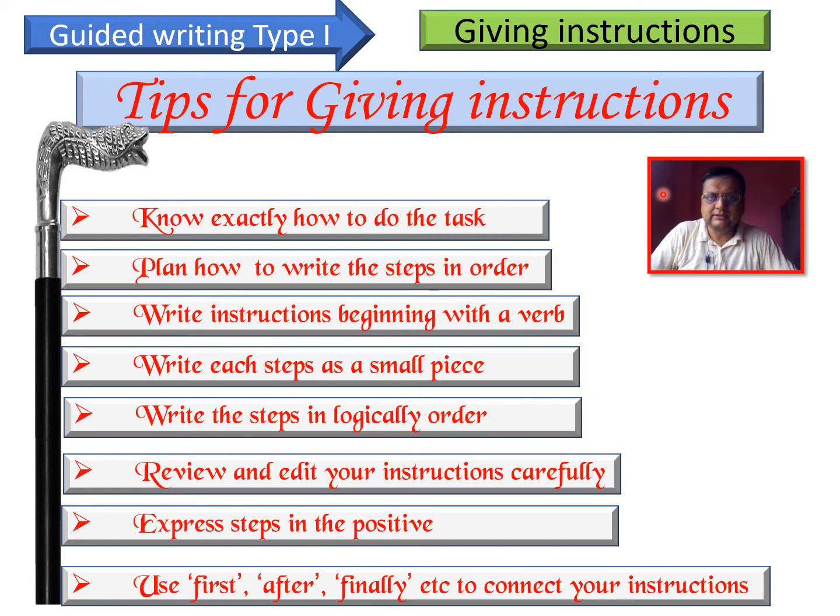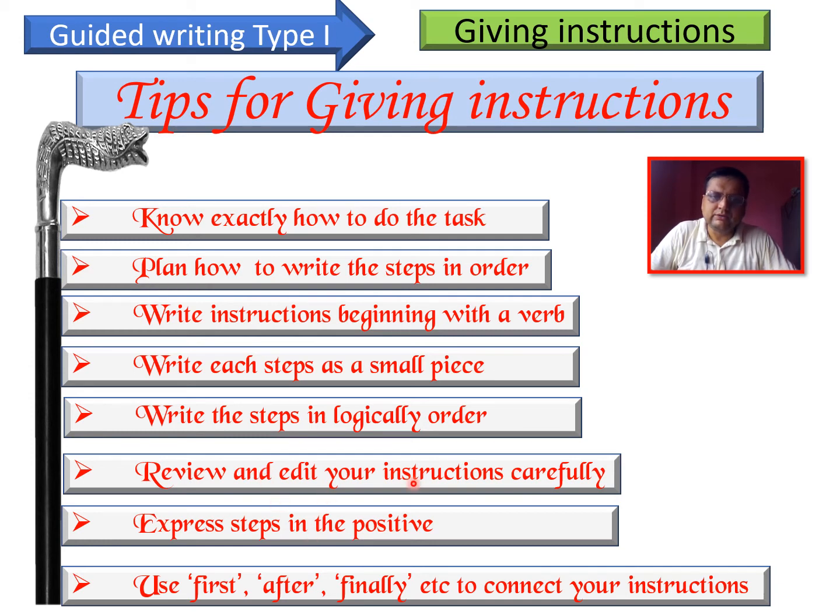Look, these are some steps. Read once again. You have to know exactly what you have to do in the task. Similarly, plan to write the steps in order. Write the instruction beginning with a verb. Write each step as a small piece. Write the steps in logical order.